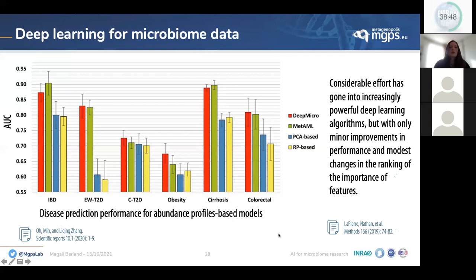All this is to say that it's quite hard to get the same great results with microbiome data that deep learning could reach in other domains.